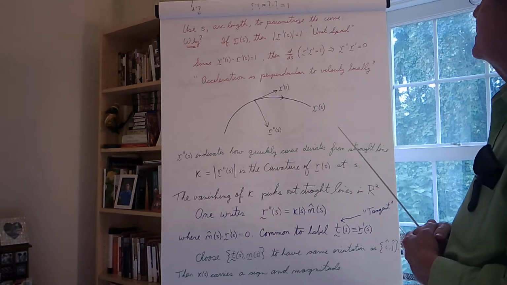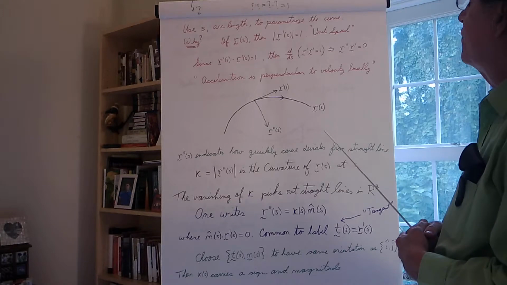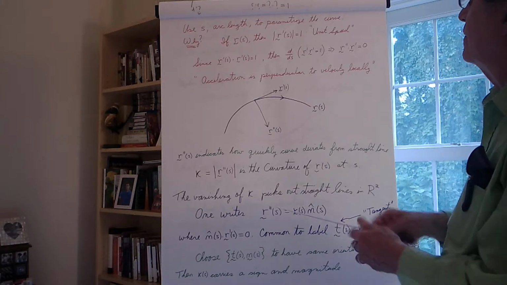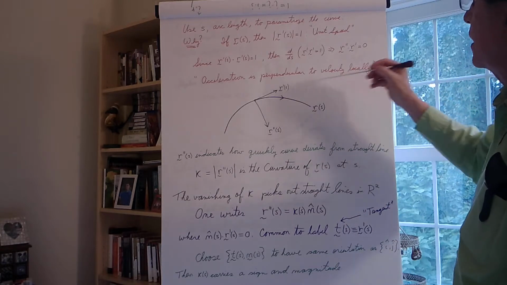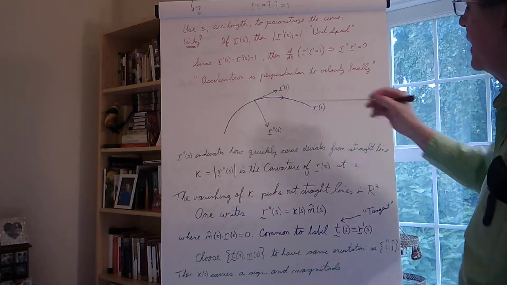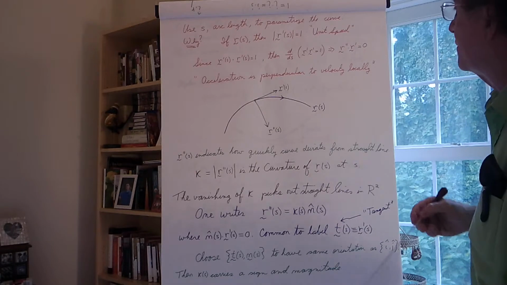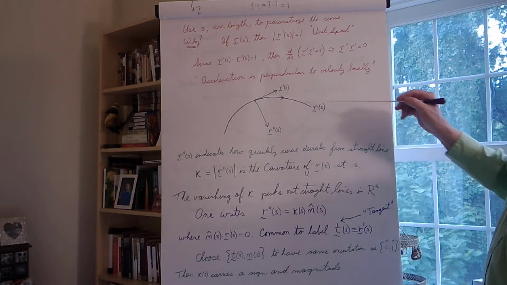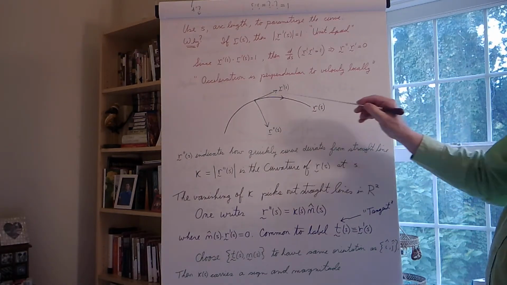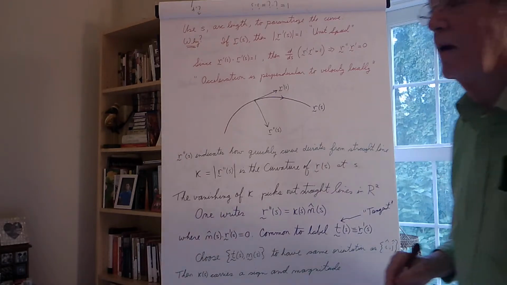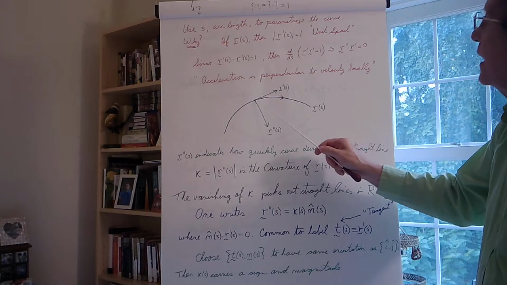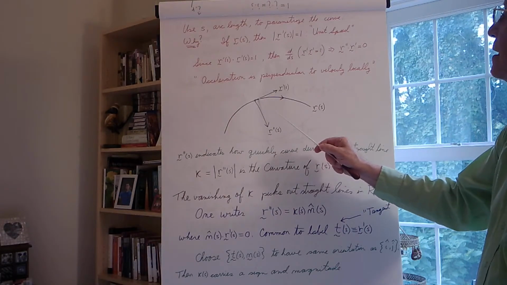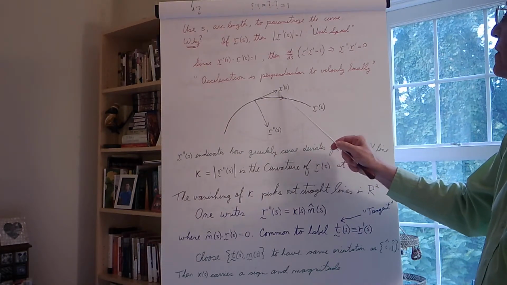And so that sets me up for the idea of acceleration. Acceleration is perpendicular to the velocity locally, and here I simply illustrated it for a general curve. For a general curve, I have r of s and r prime of s. r prime is the rate of change of r with respect to s. It's a vector, clearly tangent to the curve.